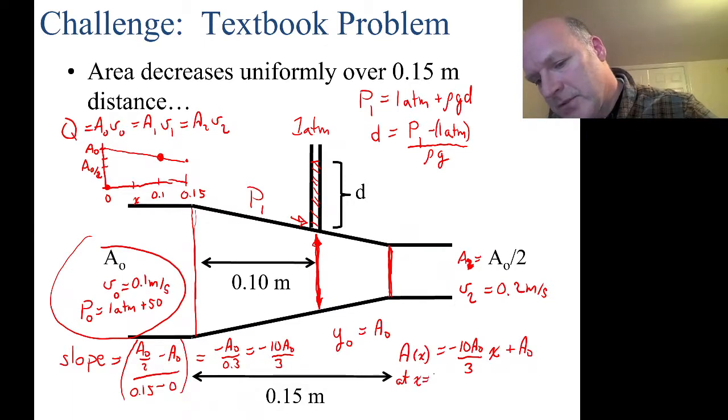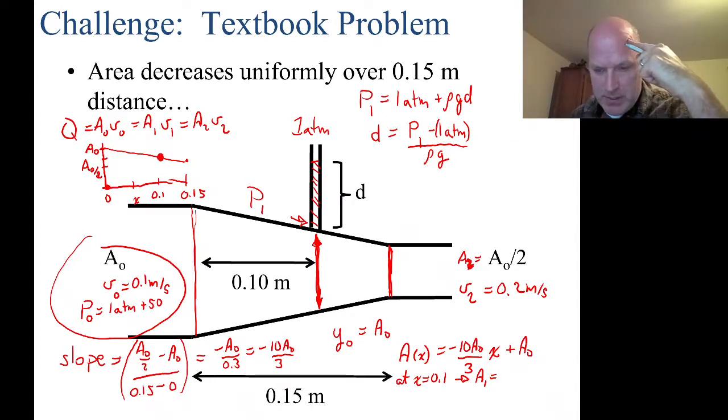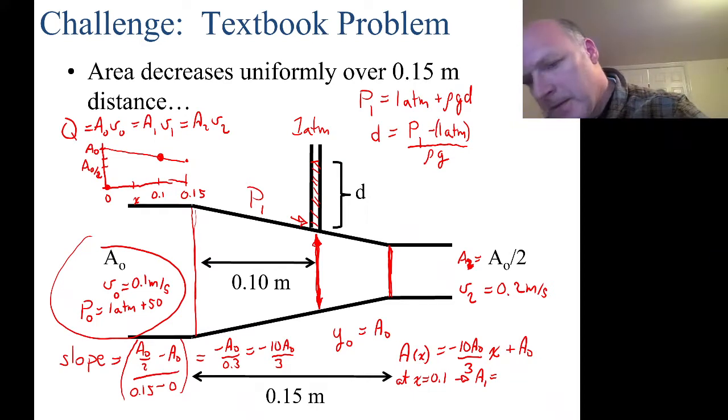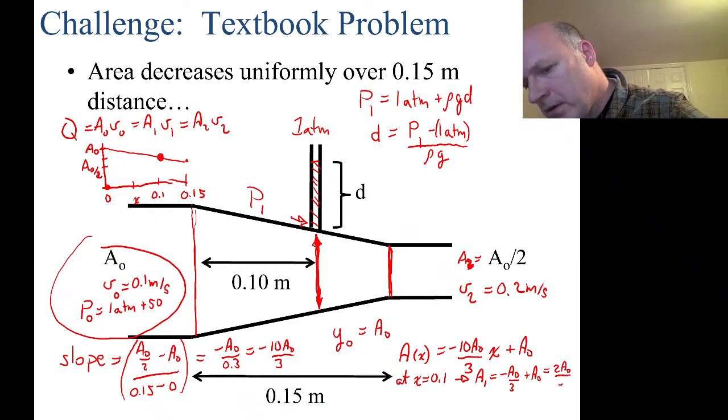Next, we say, okay, so at x equal to 0.1, area, let's call it 1, is going to be equal to what? Let me see, 0.1, that's 1 over 10. The 10s cancel. We get minus A naught over 3 plus A naught is equal to 2 A naught over 3.